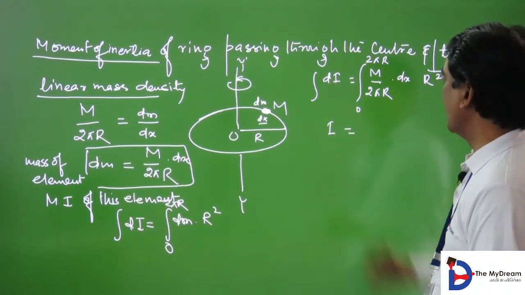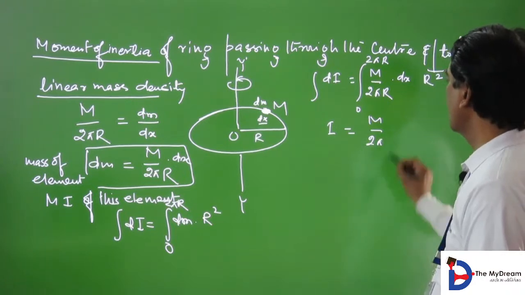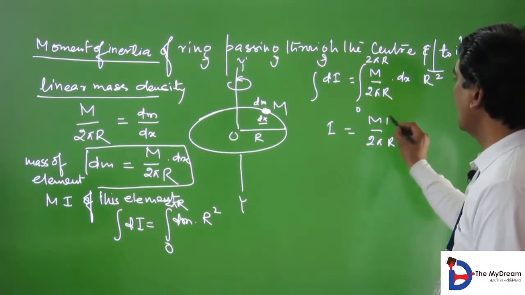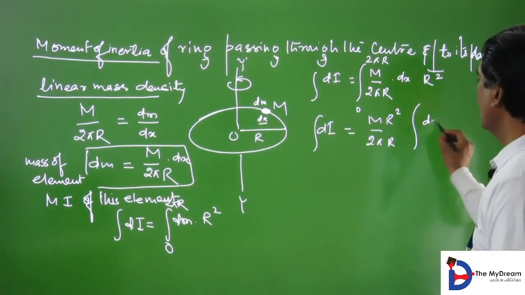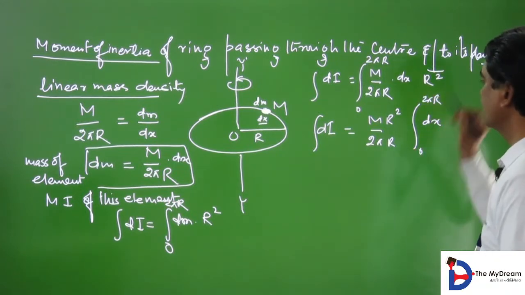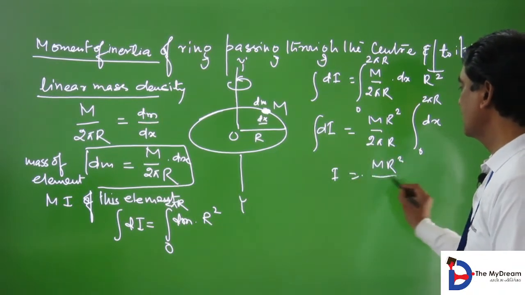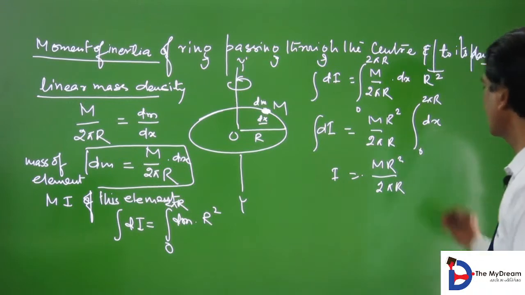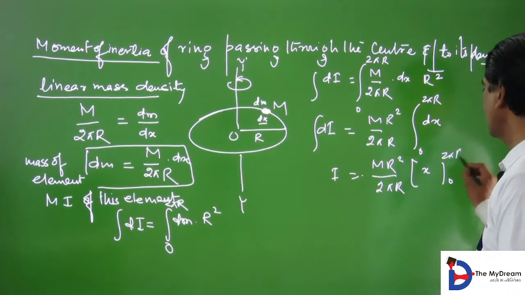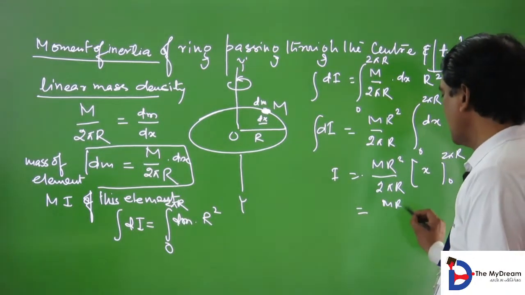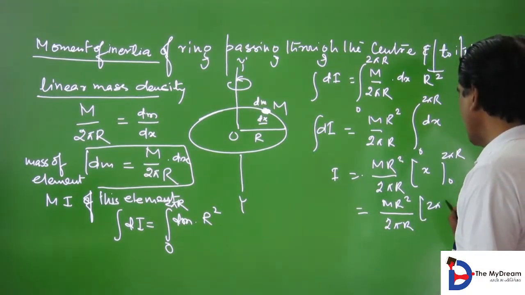Delta I will become I, M upon 2 pi R, R square, integral from 0 to 2 pi R of dx. So I is M R square divided by 2 pi R, upper limit minus lower limit, 2 pi R minus 0.